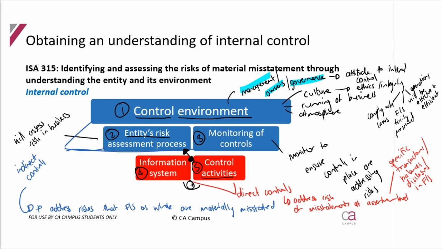So you can actually see this control makes sure that revenue is recorded correctly. This control is there to ensure that the payroll is not overstated. Whereas your control environments, their risk assessments and their monitoring are really high-level controls that don't deal with specific balances or transactions.